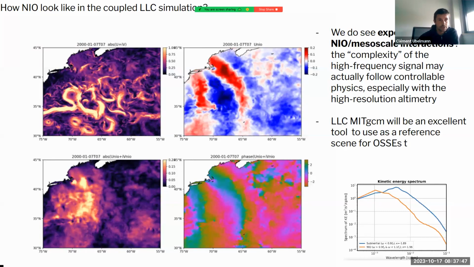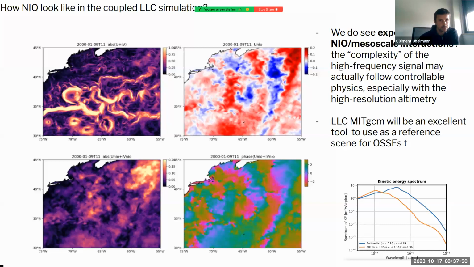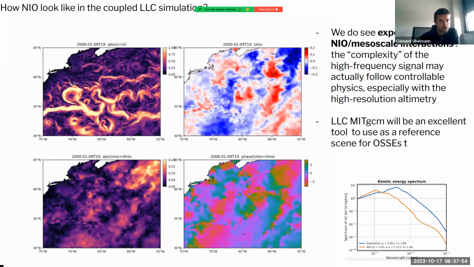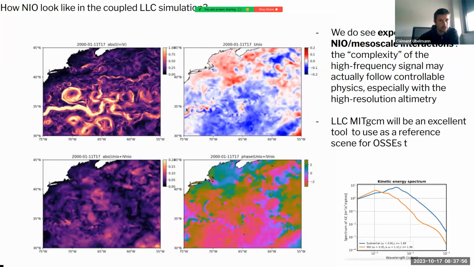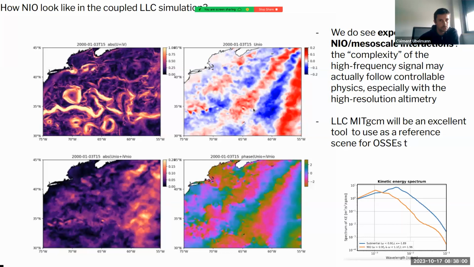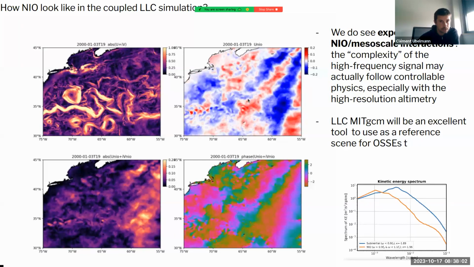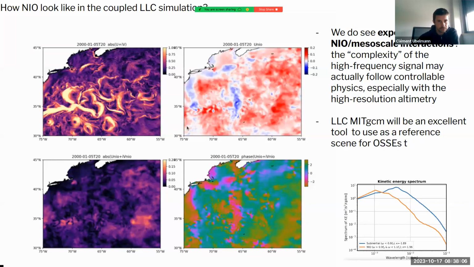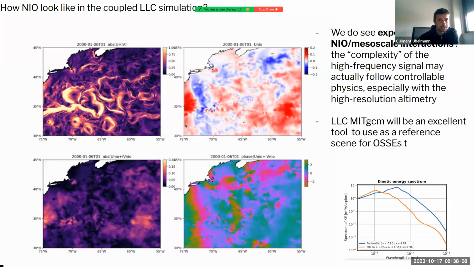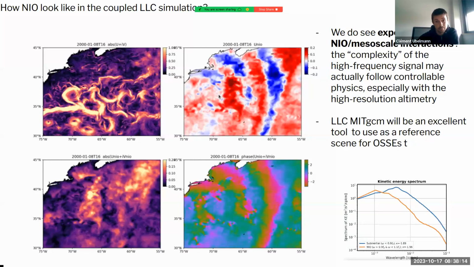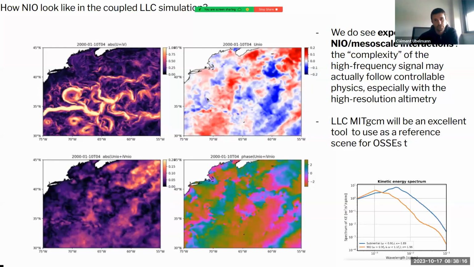Also interestingly, we see some modulation of the phase when there's a big NIO event. I think it's going to be soon on my screen. No, not this one, but the following one going from the southwest, which is now. Yeah, there's an atmospheric front, and what is interesting is that if you look at this big ring eddy, the phase is initially the same as it's triggered by this atmospheric front going through.